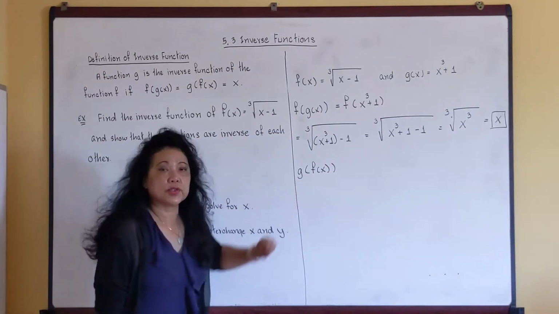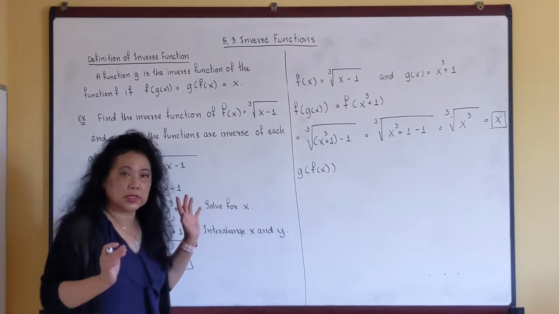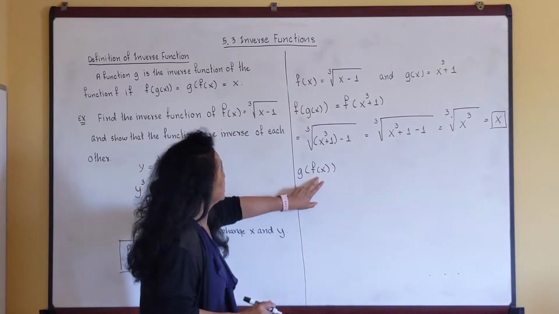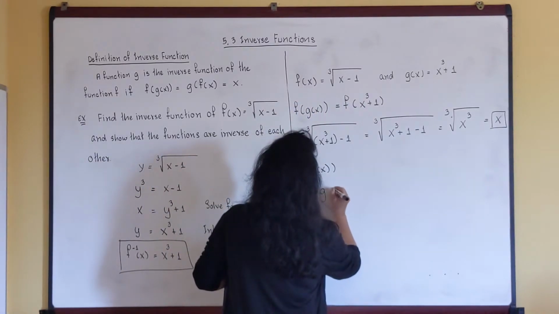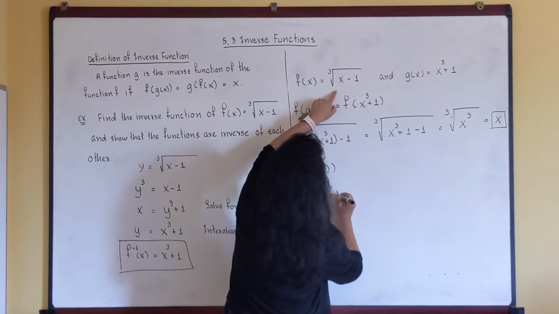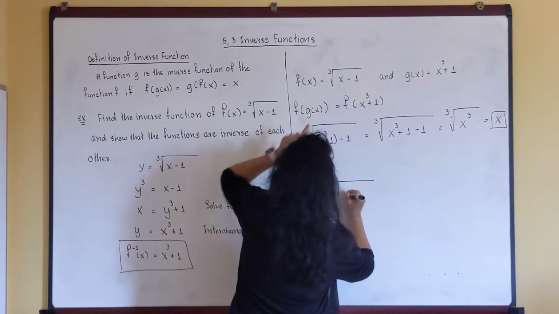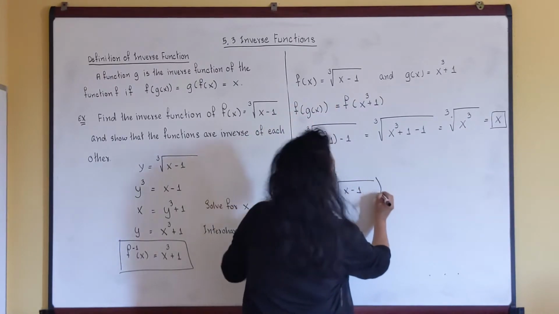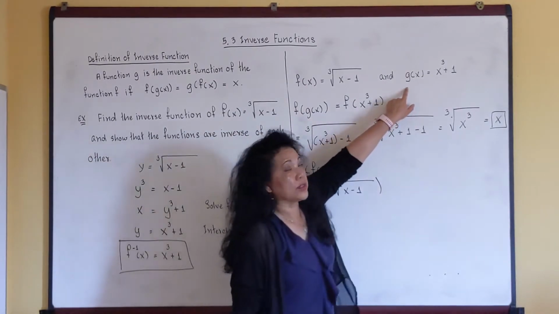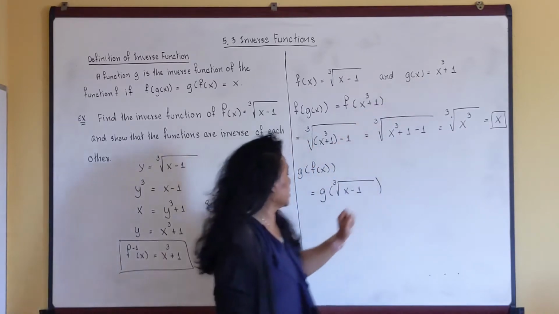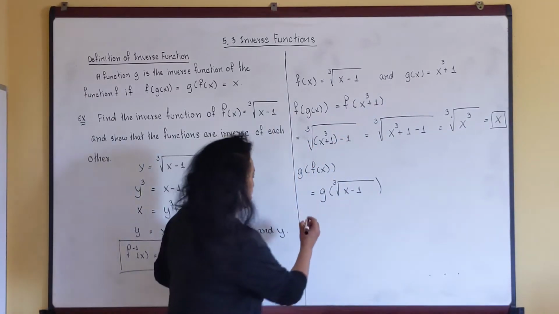So now the f function is the inside, the g function is the outside. So I'm going to replace f of x with this. So I'm going to have g, instead of f of x, I put this in. Alright, now I have a g function. You go to the g function. Whenever you see x, you replace by this.